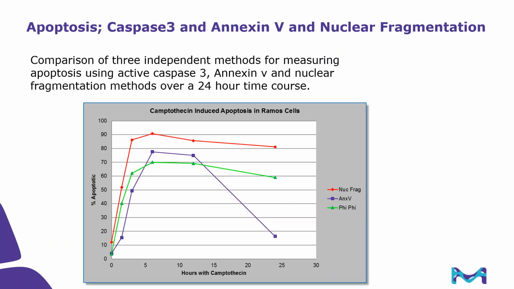And then we can use those features to quantify a time course. Here you're looking at apoptosis as measured with camptothecin and Annexin-5 and nuclear fragmentation over a 24-hour time period with 6 different time points. And you can see nuclear fragmentation in red here is actually a very good indicator of the apoptotic index.